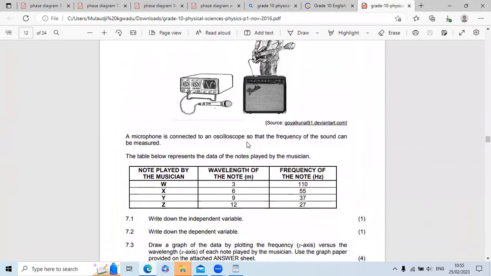Have you done questions based on sound? At school? I'm not sure, because we do it in our workbook.